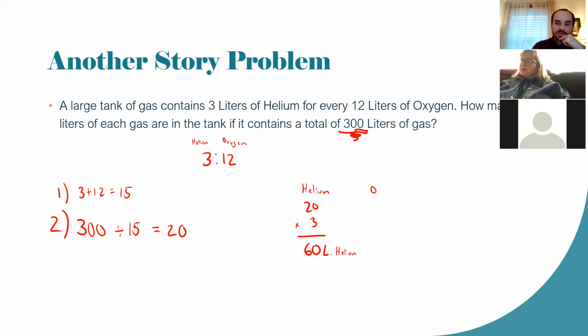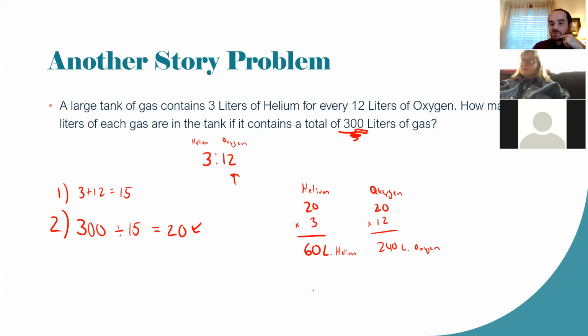And how do we figure out the oxygen? 12 times 3. Or 20 times 12. It's going to be 20 times 12. So again, we're using this number and we're multiplying it by that part of the ratio. 20 times 12, which is 240 liters of oxygen.